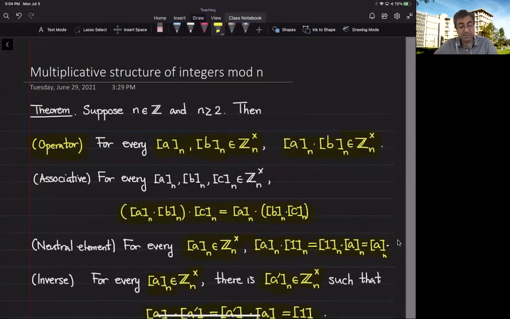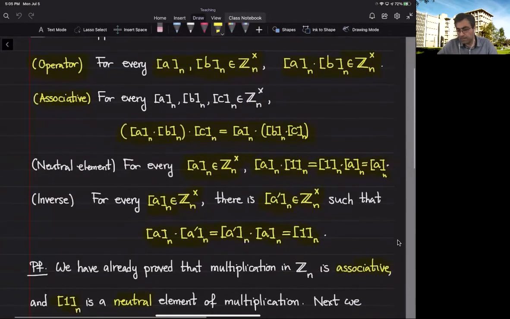So the first thing is that if I give you 2 units in the set of integers modulo n, their product is again a unit. The next property is associativity, the fact that multiplication is an associative operation. This we have already discussed. The next property is that with respect to multiplication, the set of units has a neutral element.